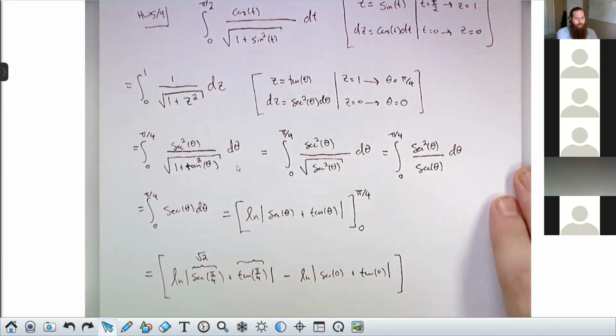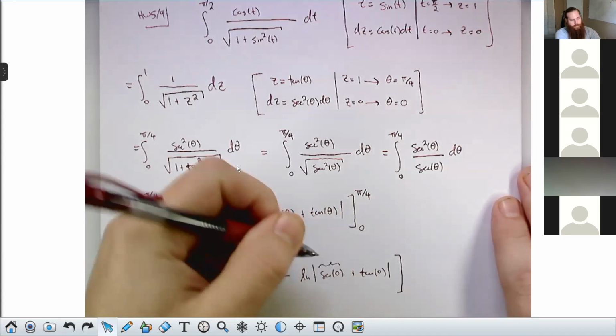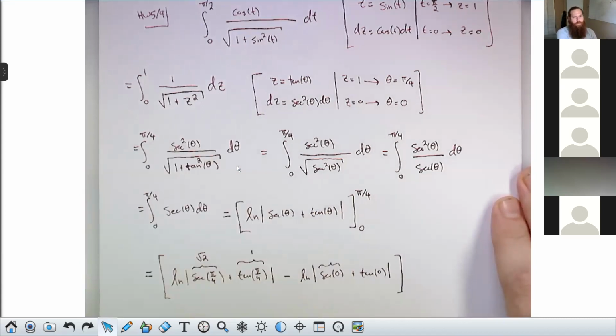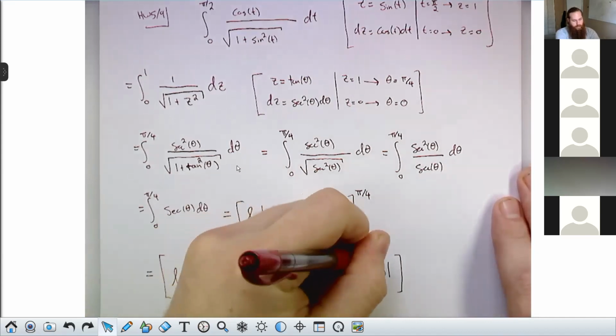Somebody else, what's the tangent of pi over 4? 1, good, Jojo. The secant of 0? Anybody? Good, that's 1. And the tangent of 0?